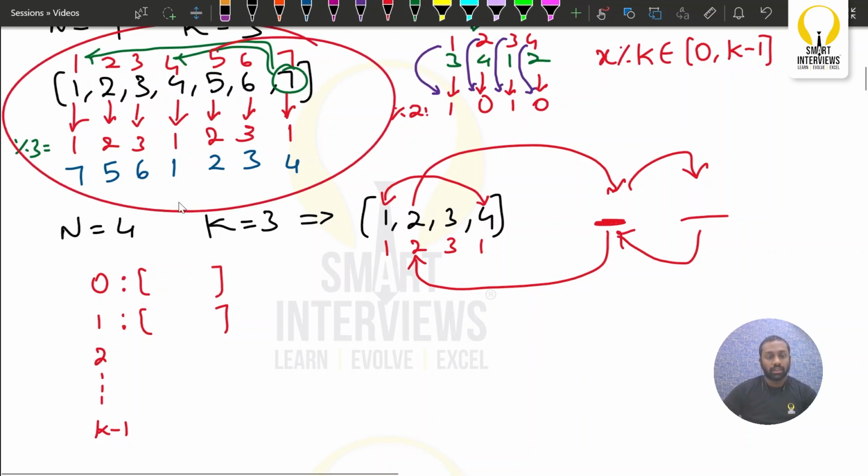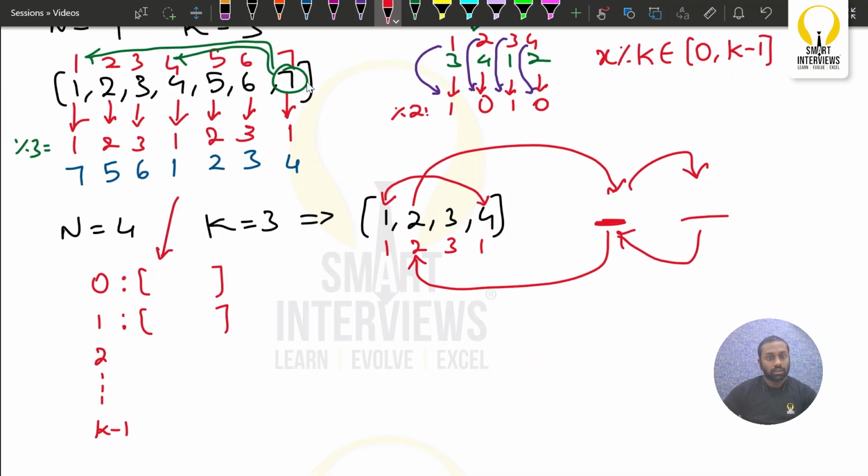Now in this case, 0 remainder, there are three numbers: 1, 4, 7. Sorry, not 0 remainder, my bad. This is 0 remainder: two numbers, 6 and 3.